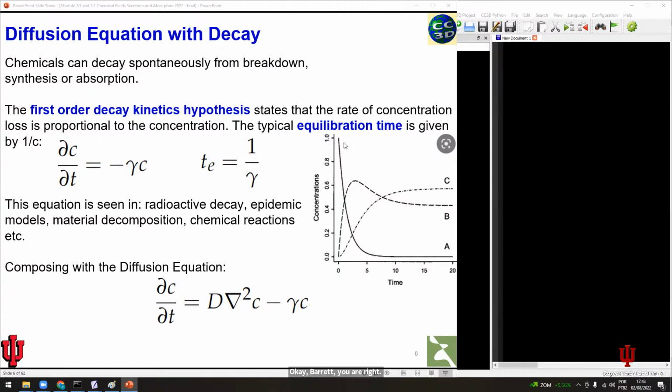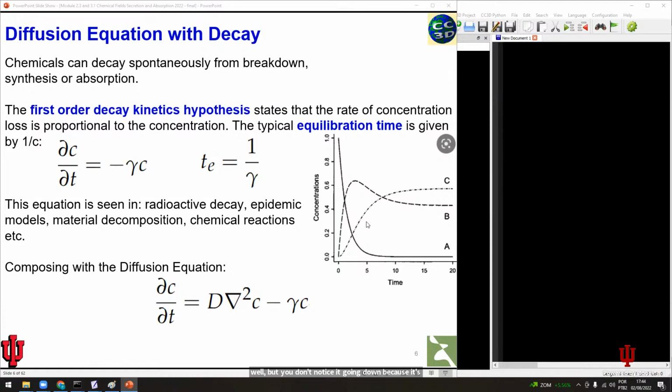So first thing, yes, A is decaying. Second thing, yes, B is decaying as well. Where is B decaying? B is decaying all the time. Once B exists, B is decaying. B is decaying in the initial part as well, but you don't notice it going down because there's also synthesis.